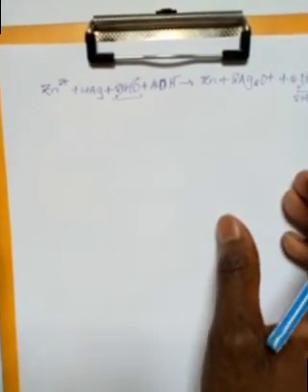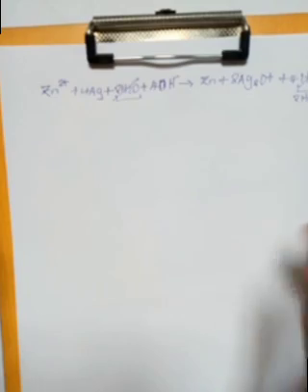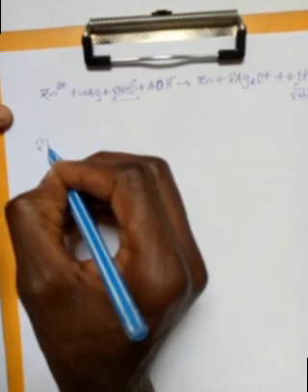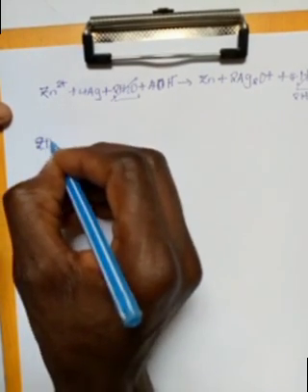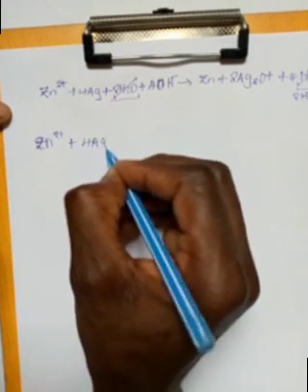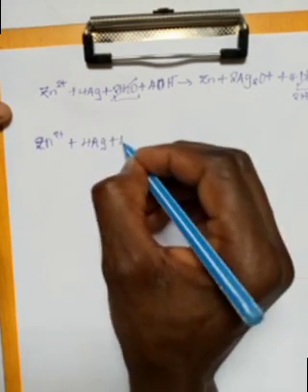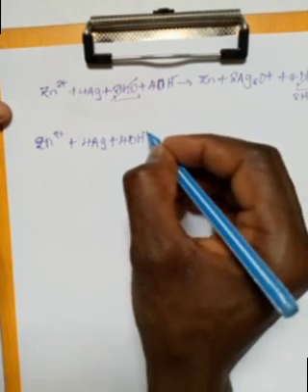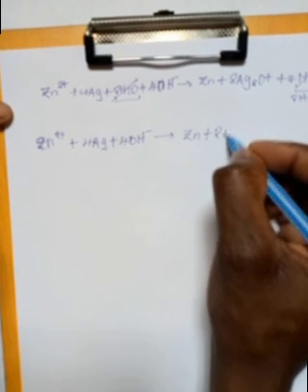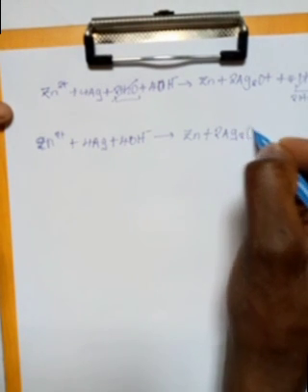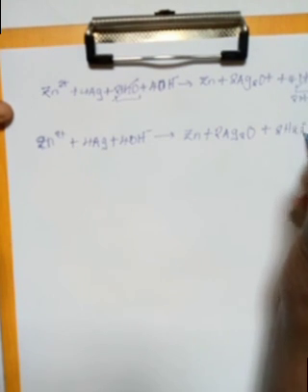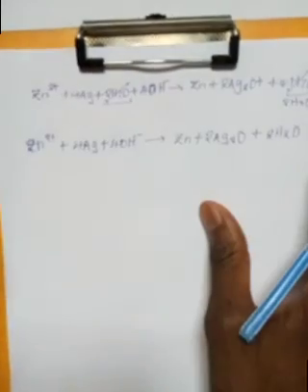So we're going to have Zn2+ plus 4Ag plus 4 hydroxide ions, giving us zinc plus 2 Ag2O plus 2 water molecules. This now is balanced in basic media.